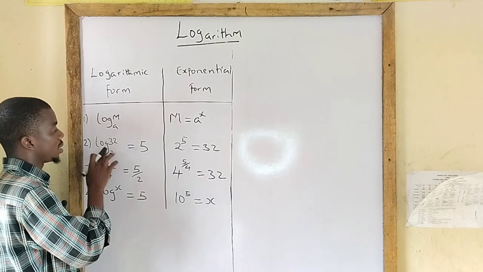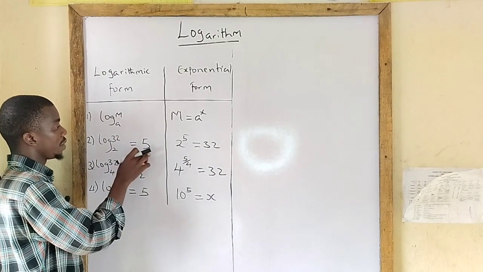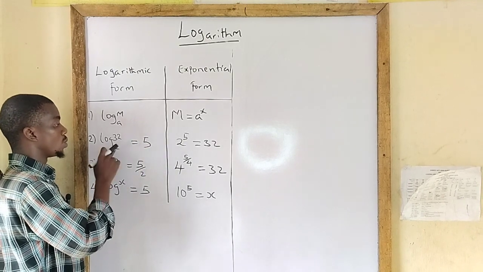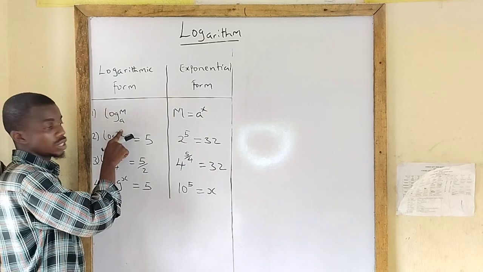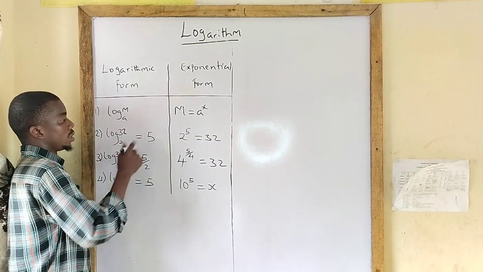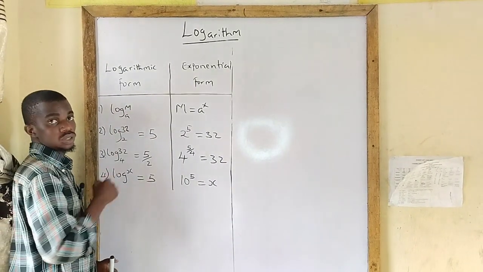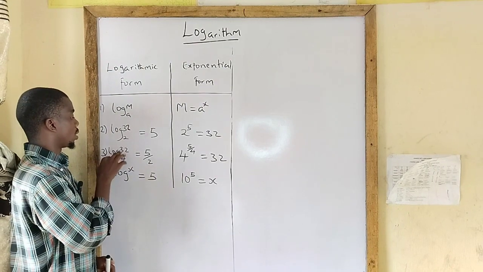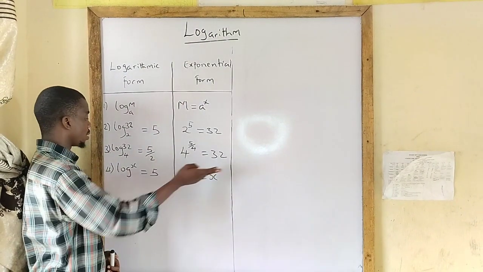This statement says that 5 is the power which 2 will be raised to for us to obtain 32. So 5 here is the log of 32. Log 32 base 4 equal to 5 over 2, this is its exponential form.